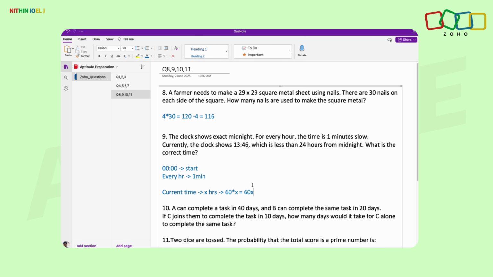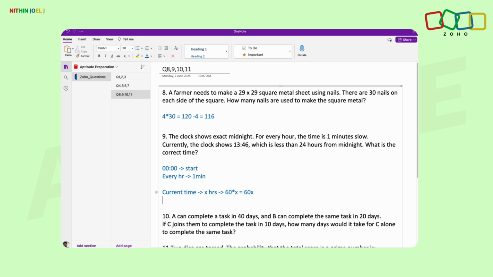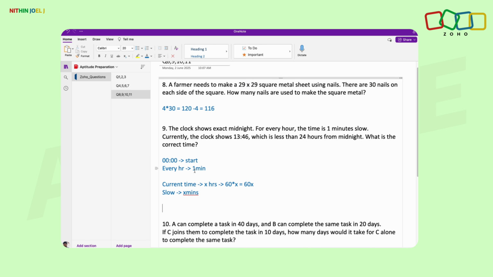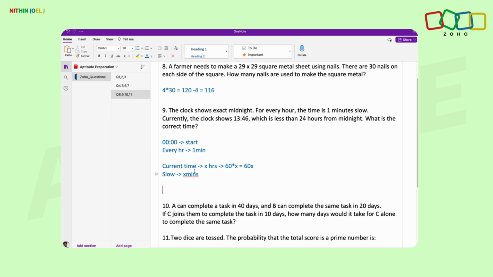Now they have clearly mentioned in the question that every hour it slows down by 1 minute. So slow is equal to x minutes. Okay, so x indicates hours here, right? Every hour the clock is slowing down by 1 minute, so slow is equal to x minutes. Now our clock shows 13:46, which is 13 hours 46 minutes.